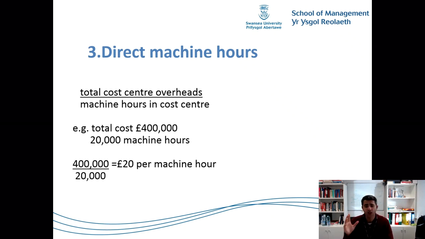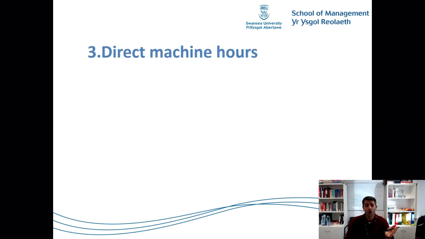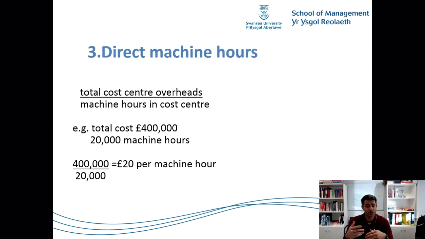So the question you need to understand, right? £20 per machine hour or £10 per labor hour, it doesn't mean we pay labor £10 per labor hour. It doesn't mean we pay £20 per machine hour. We use the labor hours or machine hours as a method to absorb the total overhead cost into the units, right?